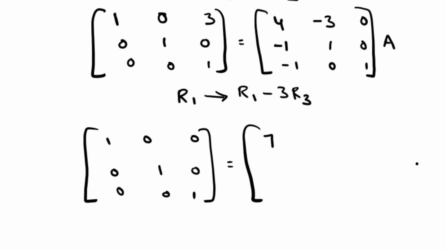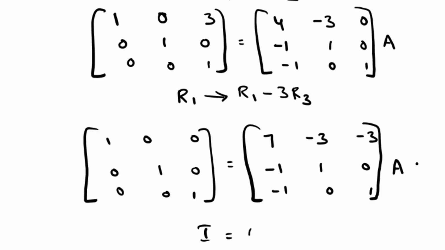7, minus 3, minus 3. Here is -1 1 0 -1 0 1. This matrix is called inverse matrix. Why? Because identity matrix I is equals to A inverse of A. Therefore, we have obtained the inverse matrix.